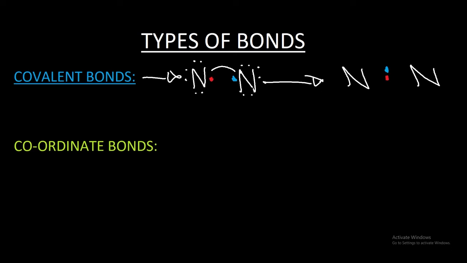This is when two nonmetals, nonmetal number 1 and nonmetal number 2, come together and agree that they should share electrons in order for them to both have a full valence electron shell. So they agree, they share their electrons, and now they both theoretically have a full valence electron shell.